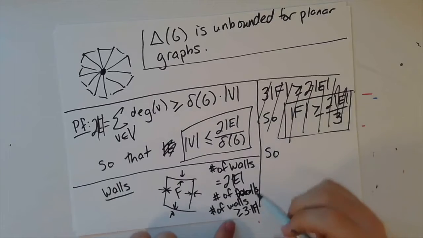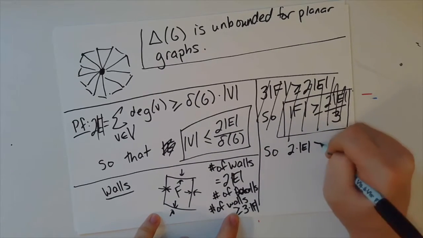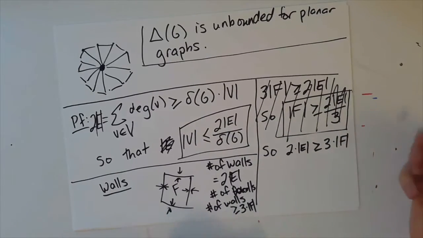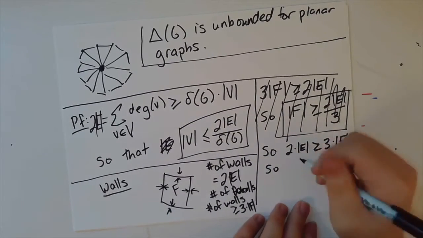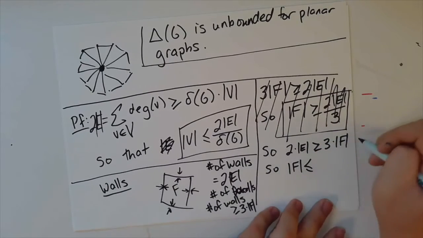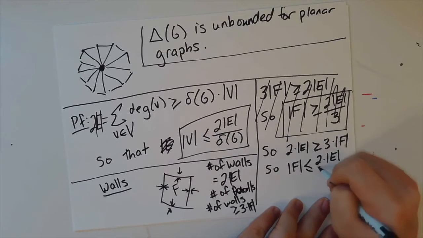And so what does that say? That says that 2e is greater than or equal to 3f. So the number of faces is less than or equal to 2 times the number of edges over 3.